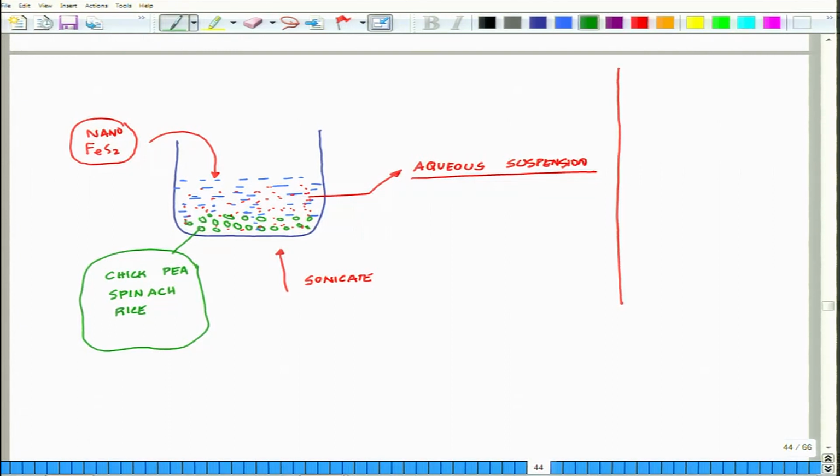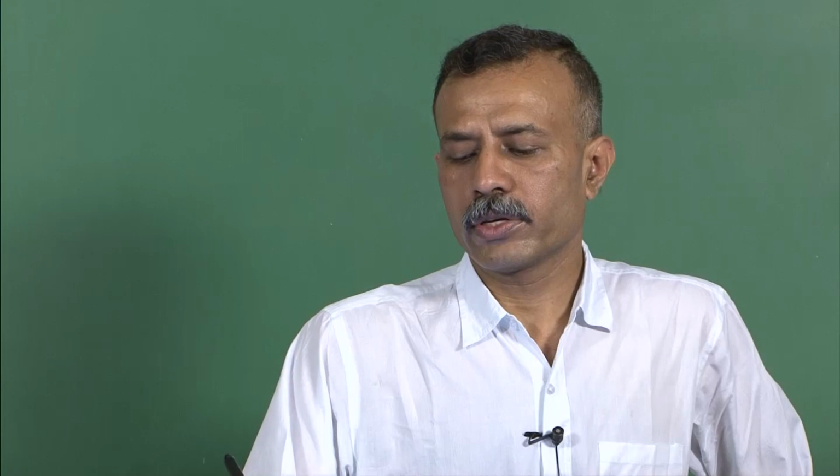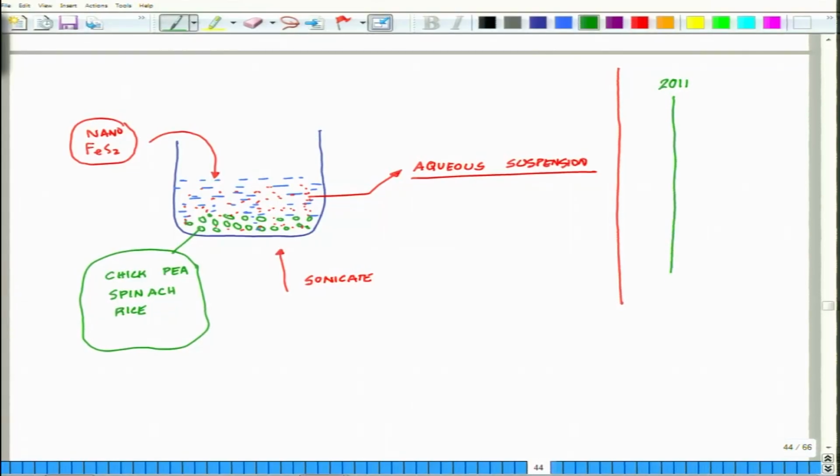So we'll continue the story from here, what we observed and what research has been undertaken since, I would say, 2011 till 2018, when I am delivering this course, on different crops, the effect of a nanomaterial as a seed priming or as a seed treatment agent. Okay, thank you.